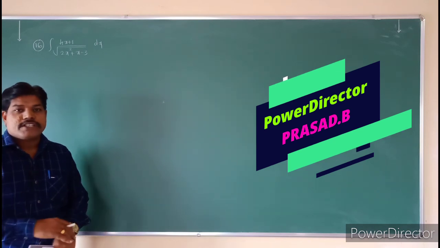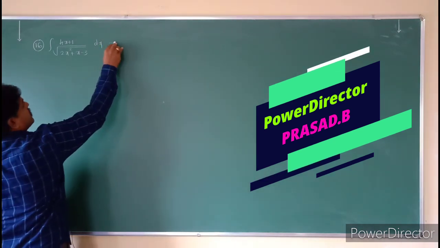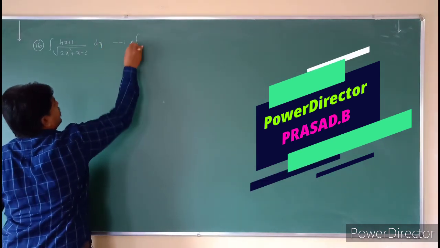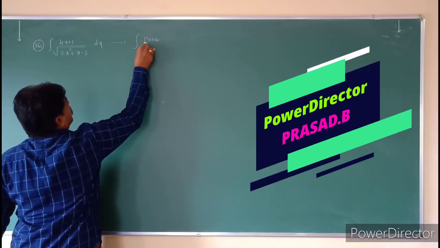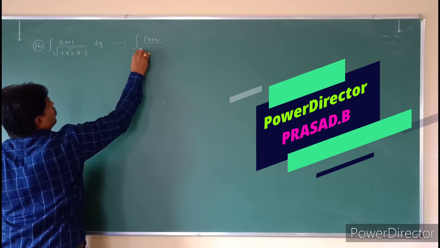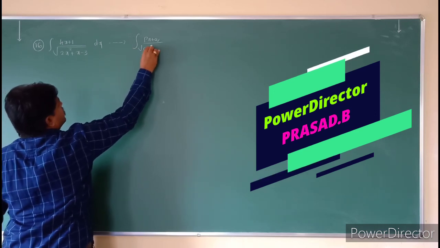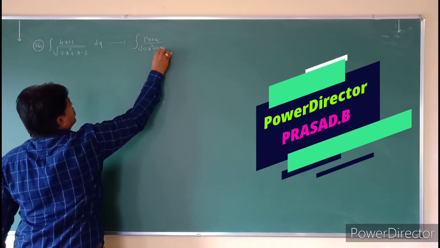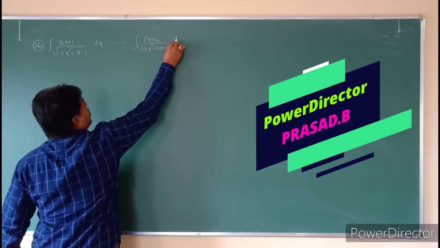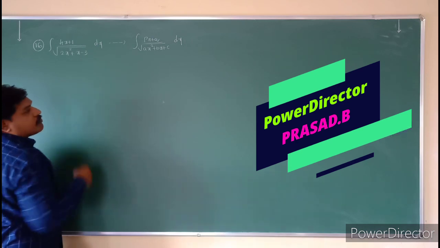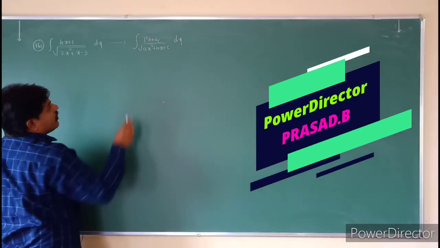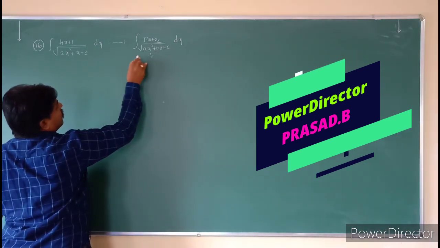See, that question, students, is in the form of, what is the original form? Integral of (px plus q) by root of (ax square plus bx plus c) into dx. So it can be converted into the form of, what is that?